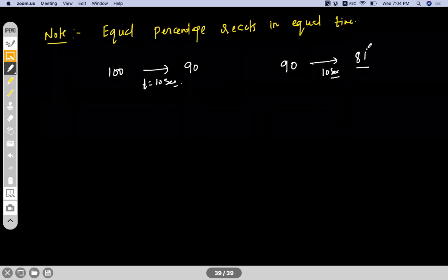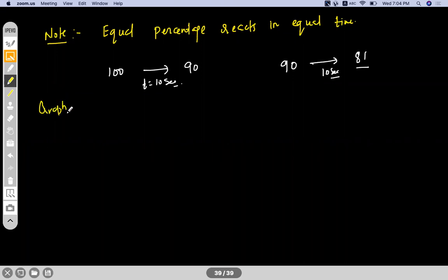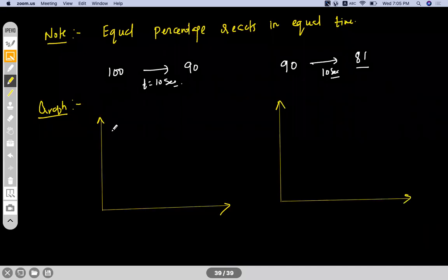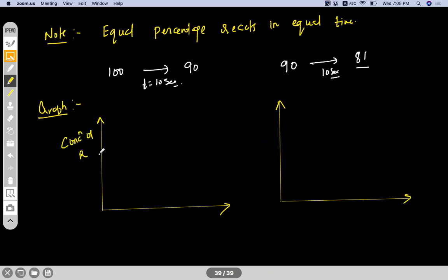Fine. Now the last thing in this is the graph. So this one is concentration of reactant and this is time.